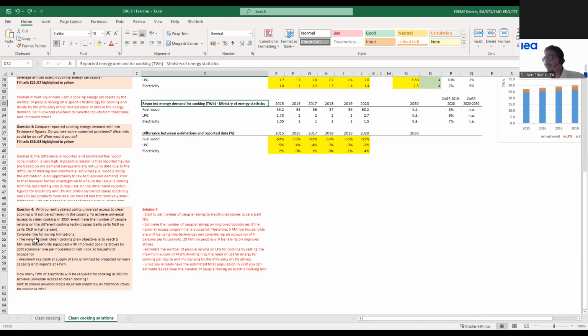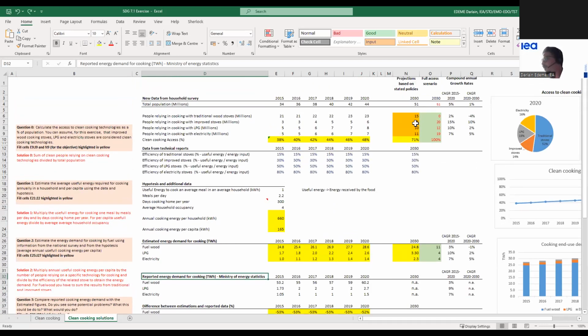You have to consider the following limitations. First, the new national clean cooking plan objective is to reach 5 million households equipped with improved cooking stoves by 2030. So consider one per household.